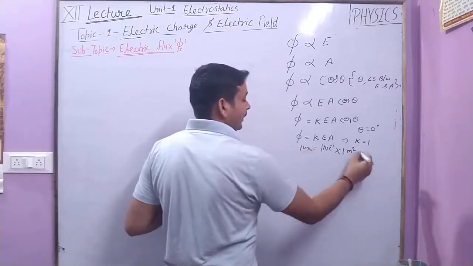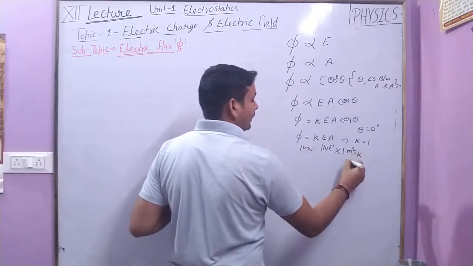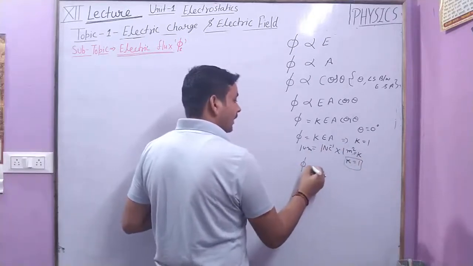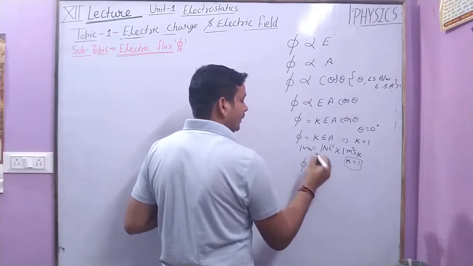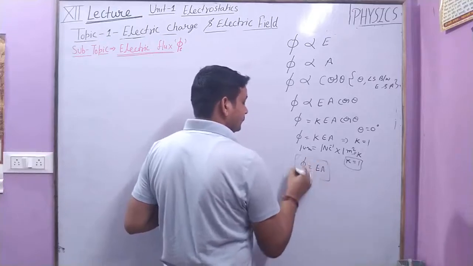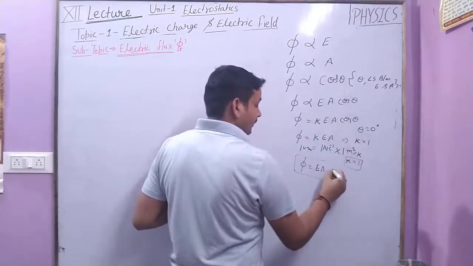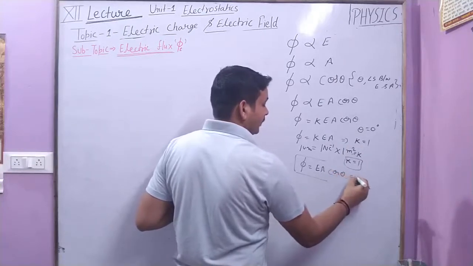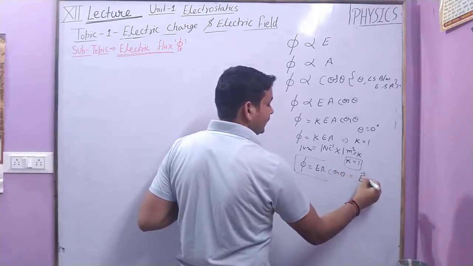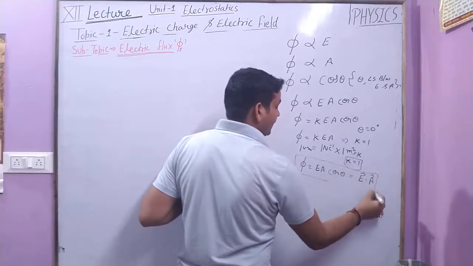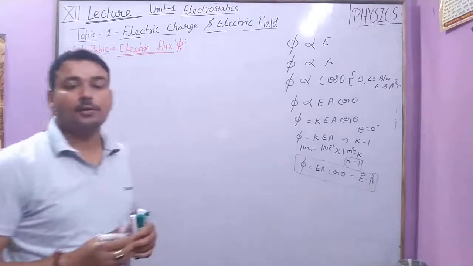So the value of K is 1. Therefore phi is equal to EA, or because it depends on cos theta, we can write it as the dot product of electric field and area vector.